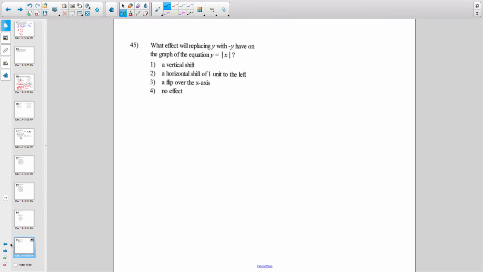What if you replaced y with -y? What would happen to your graph? Well, if you solve for y, as if you were going to put it in your graphing calculator, you can't put -y in there. So let's solve this thing for y.